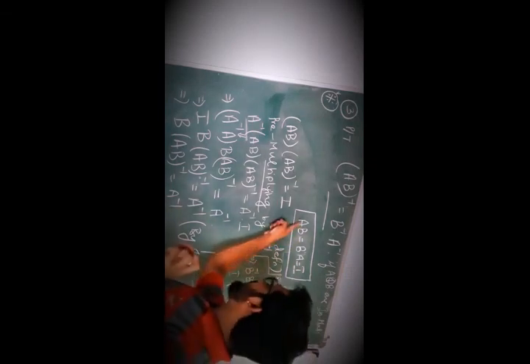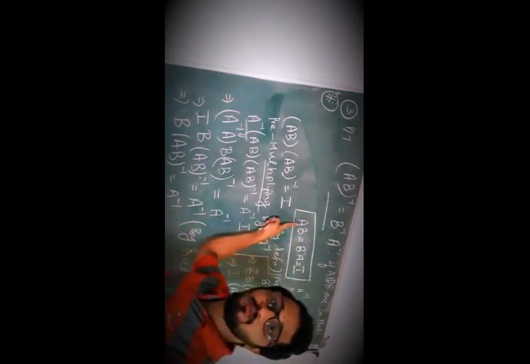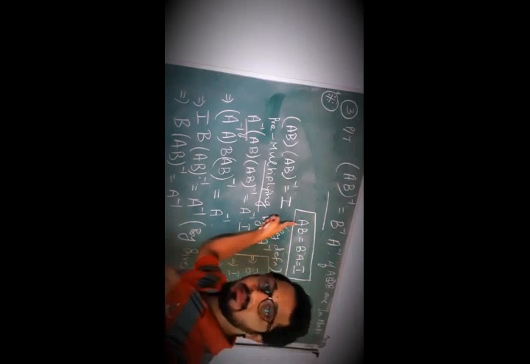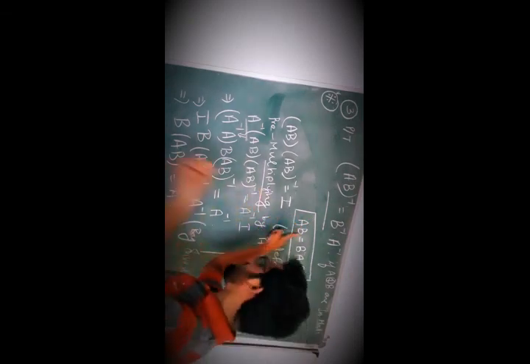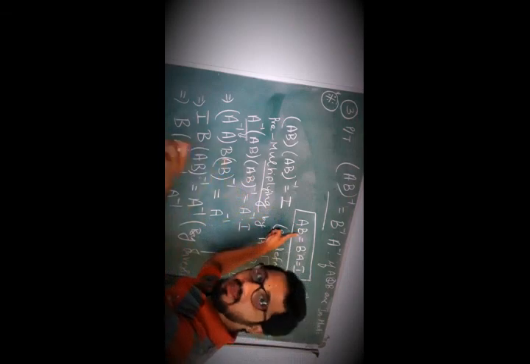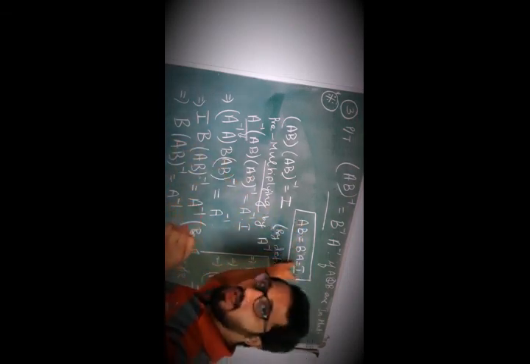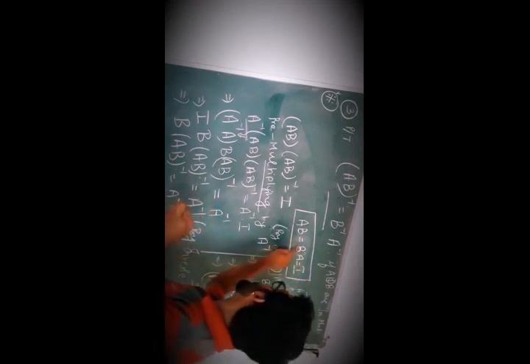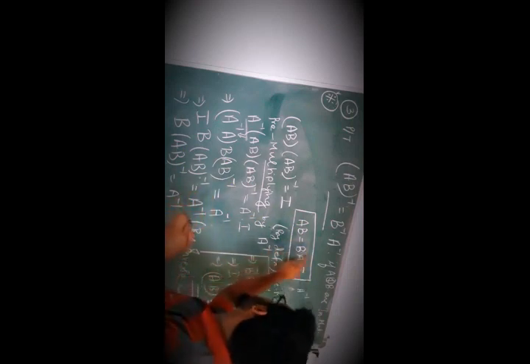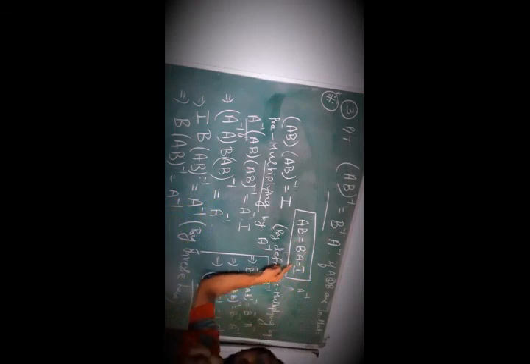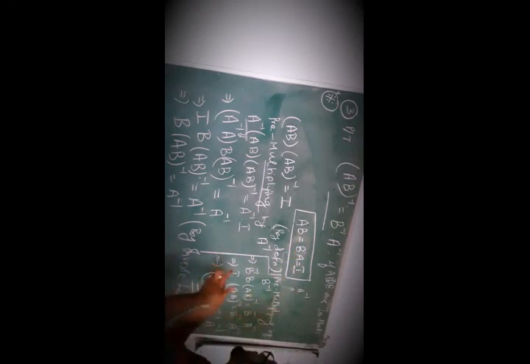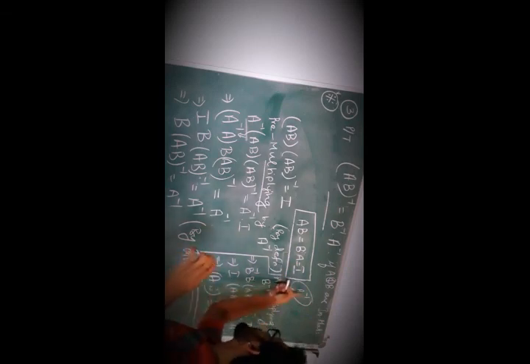That means if A matrix is of order M, then there exists another matrix B of the same order M such that AB is equal to BA is equal to I, the identity matrix. Then this B is known as the inverse of matrix A, denoted by A inverse. That means wherever B appears, I have to substitute A inverse.